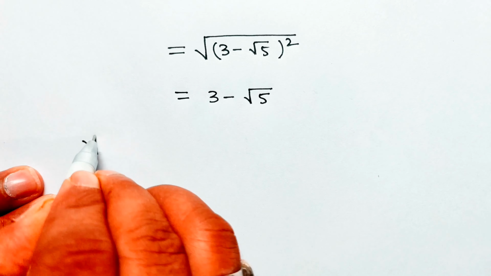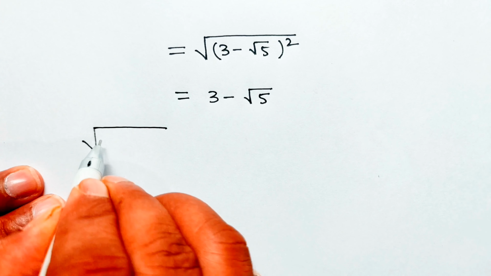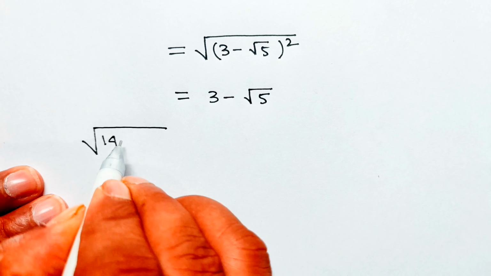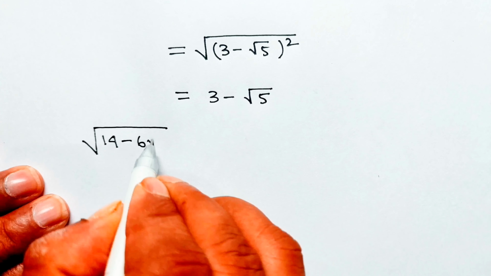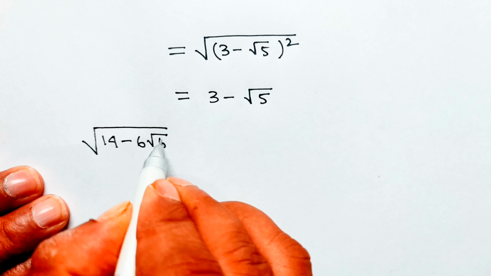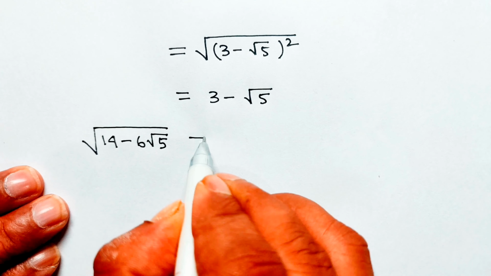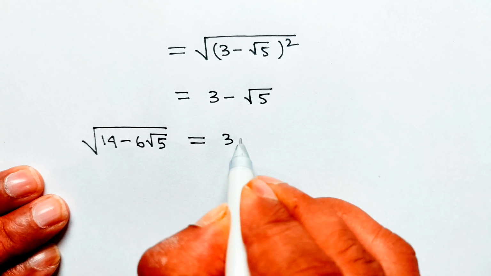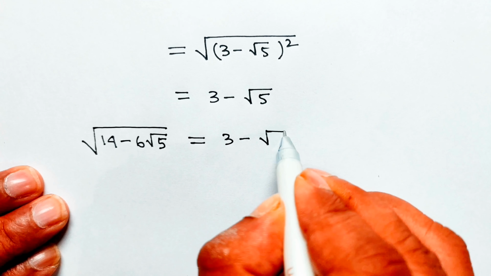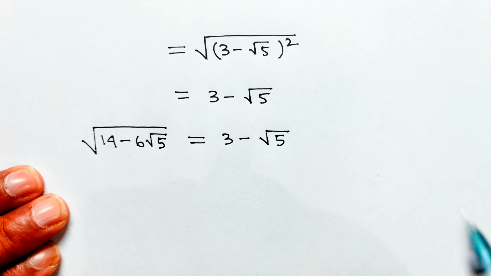Then under root of 14 minus 6 root 5 equal 3 minus root 5.